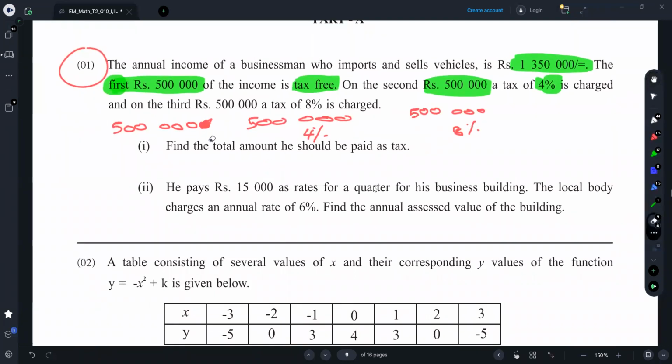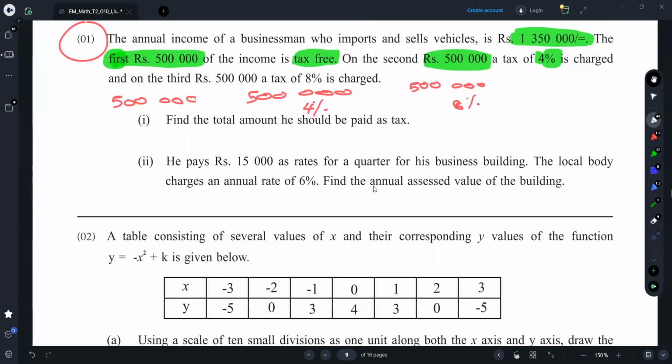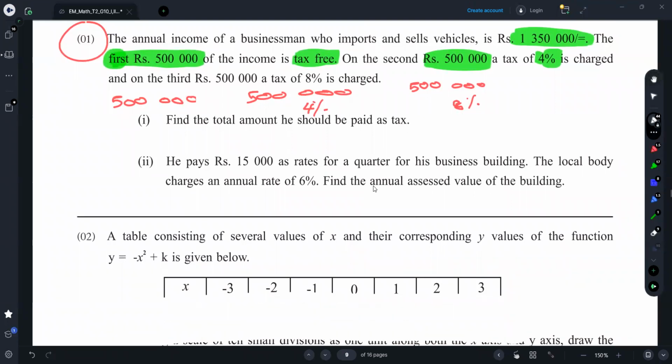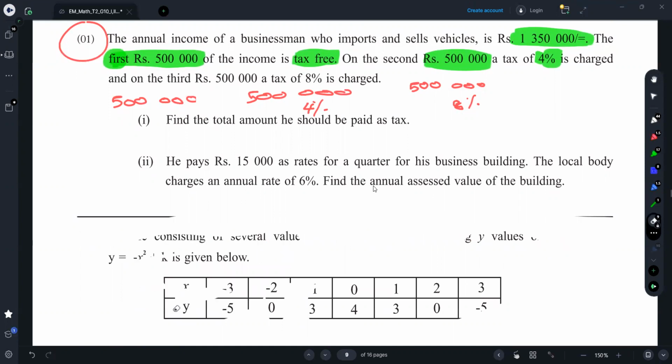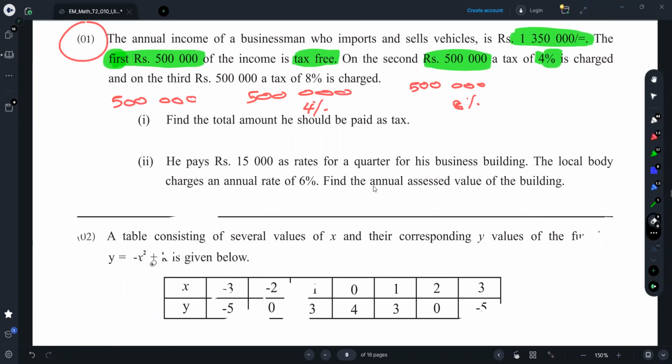Read the question again and try to get an idea, and you can send me the answer as well. Annual income is 1,350,000.